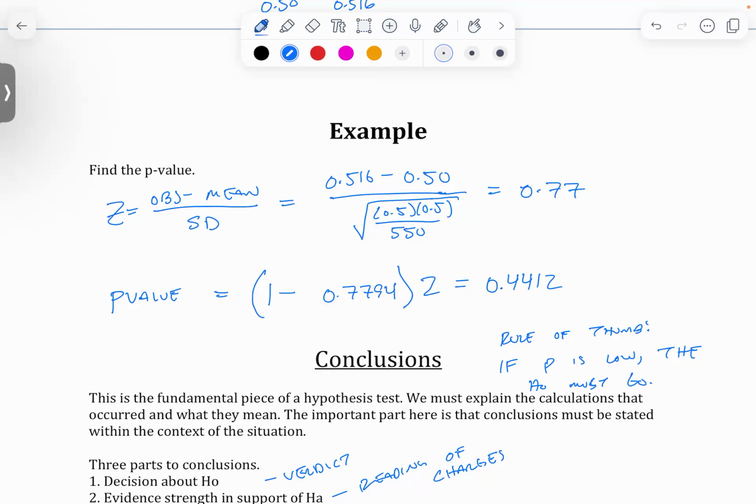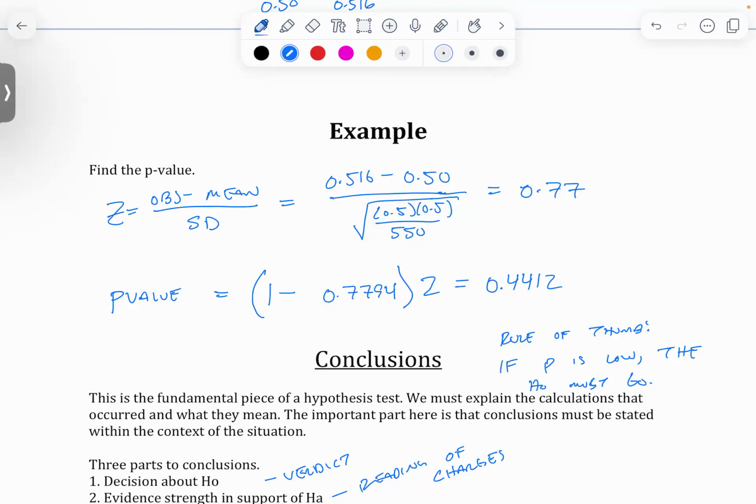This 44% is close to 50%, that's 1 in 2. 1 in 2 is not low. If something happens half the time, that's happening a lot. The discussion of what is low is what people struggle with. But remember that this is all on a percentage scale, 0 to 100%. So when you think 0 to 100%, what is low? Low is usually something that happens less than 10% of the time.